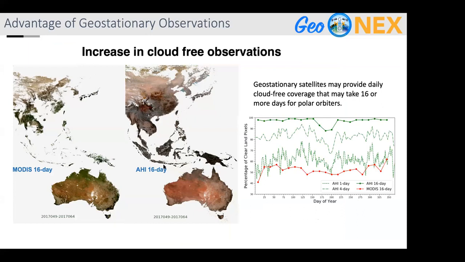Here it just shows we have more data over the tropics, so we can have better cloud-free observations, right? Because you have more, every 10 minutes, you have a better chance to peek through clouds, even in cloudy tropics, right? But there are actually some interesting things. This is something I'm really working on recently.